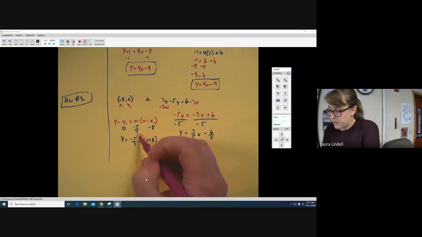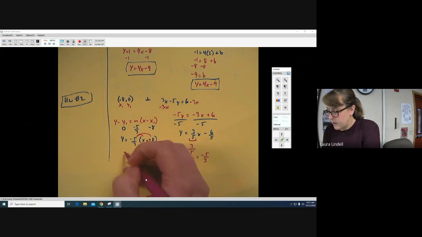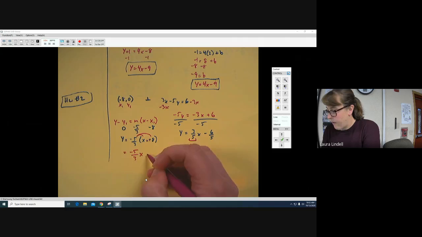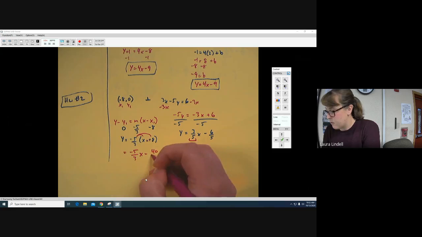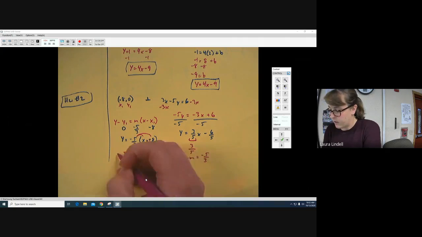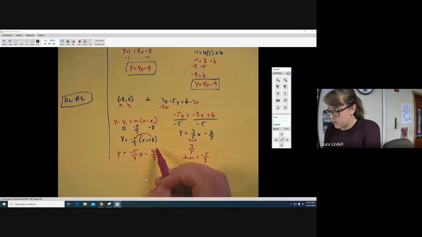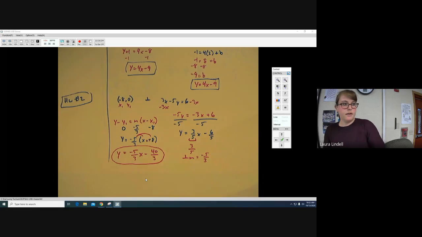Then we distribute, get -5/3 times x. And then 8 times 5 is 40, but it's a -5, so minus 40/3. So this would be our answer.